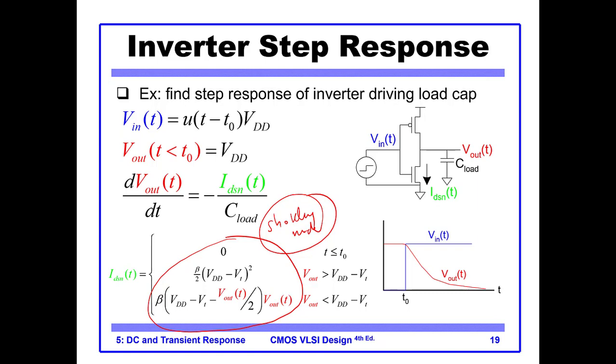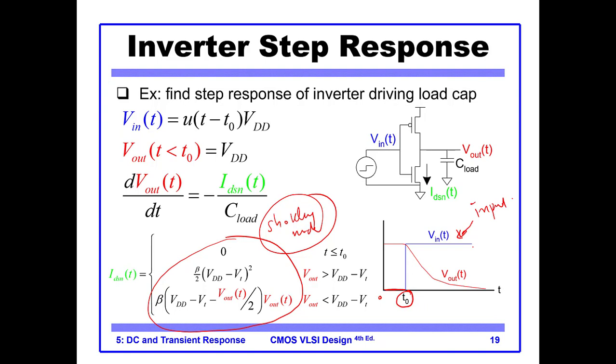the inverter is like this. The blue is our input, so it is 0 on this side, and then when the time is greater than t0, it switches to a 1. Okay, so this is our input.